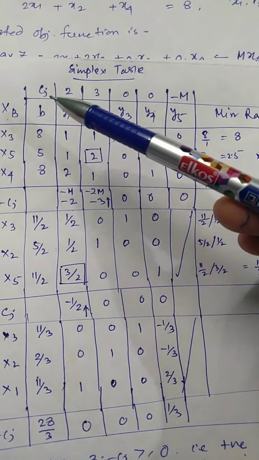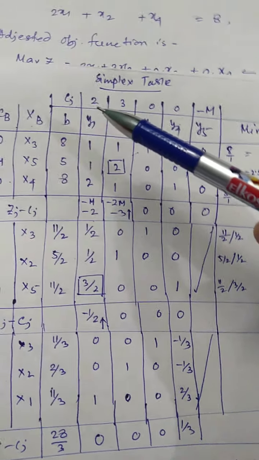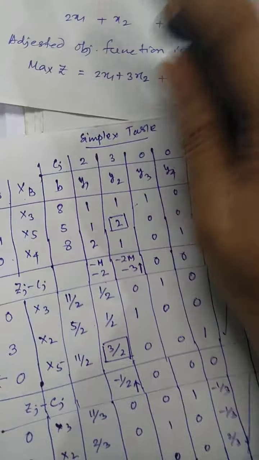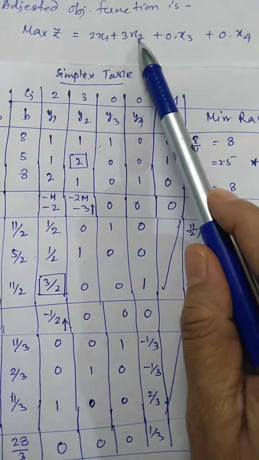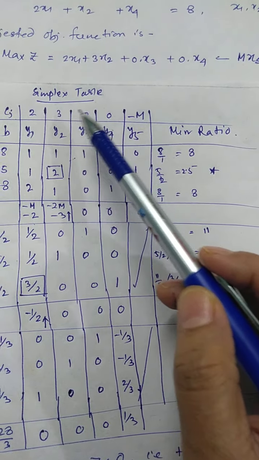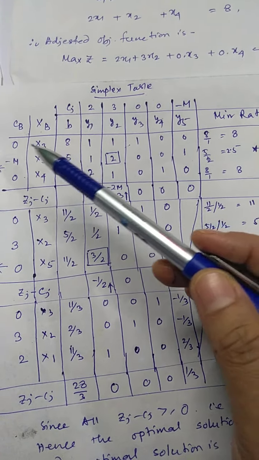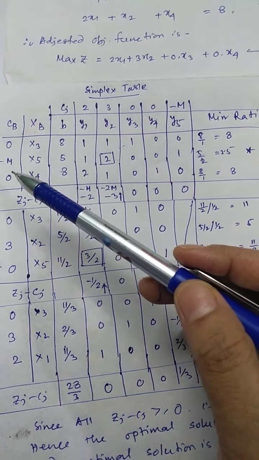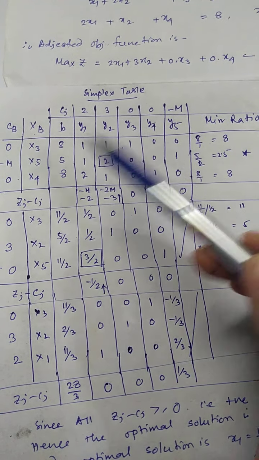Next we fill up the cost values against the objective function, that is the coefficients of x1, x2, x3, x4 and x5. So the values are 2, 3, 0, 0, minus M. Next we fill up the cost against basis. What are the bases? The first basis is Y3, so the cost is 0.